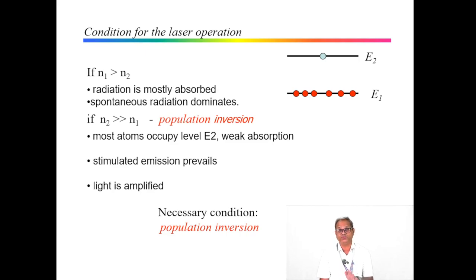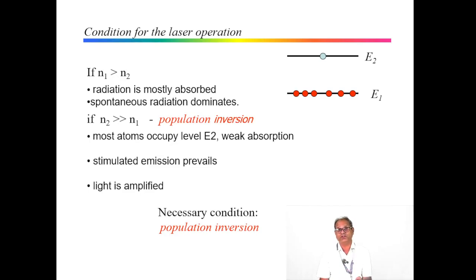So, radiation is mostly absorbed when you are having a number of atoms at the ground state. That is, ground state atoms will take the energy and then they will try to move to the excited state. So, in the spontaneous radiation dominates, means what happens when absorption occurs, the number of atoms in the E1 state will reduce, obviously they will move to the excited state.